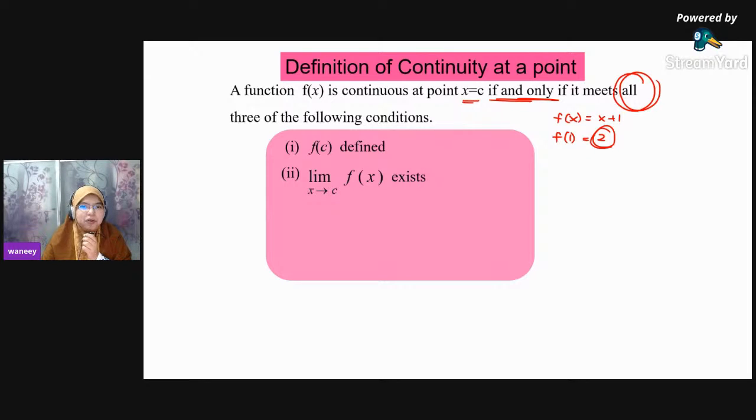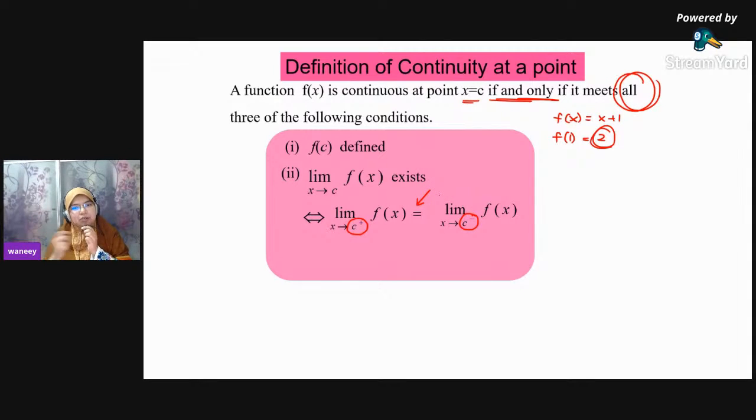Second, the limit for x approaching c for f(x) must exist. Since the limit of x approaching c must exist, it simply means that if we calculate the limit for x approaching c from the right hand side and the limit for x approaching c on the left hand side, they must be equal.